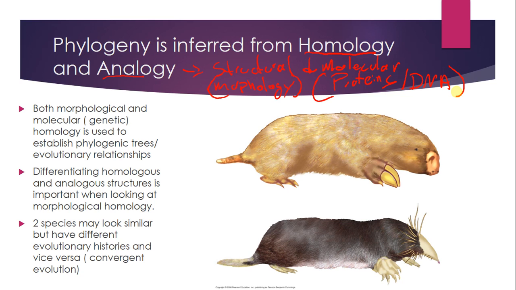So both morphological and molecular homology is used to establish a phylogenetic tree or relationship.